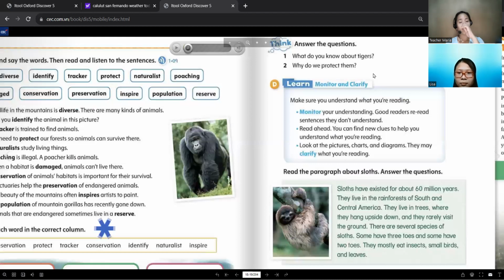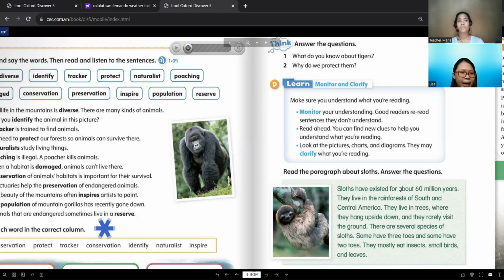Okay, so that is what you know about tigers, right? Yes. So why do we need to protect them? Do you have any idea why we need to protect them? We need to protect them because the tiger is good for nature.